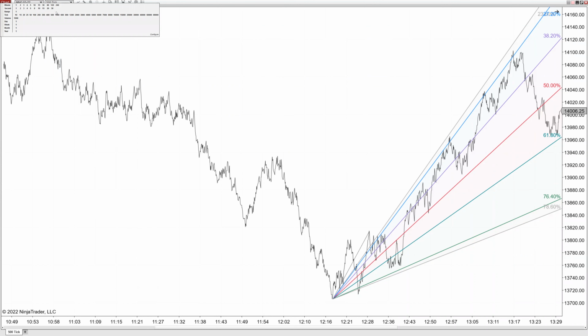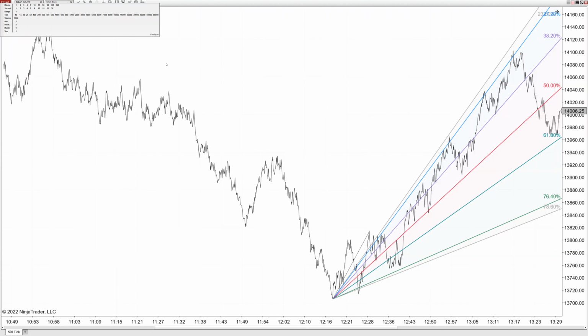Actually, I'm going to pull this from my other computer and show you the fib fans that I used to trade coming off of the lows this morning. And then I'm going to show you the fib fans that we used to time the sell-off at the end of last week.